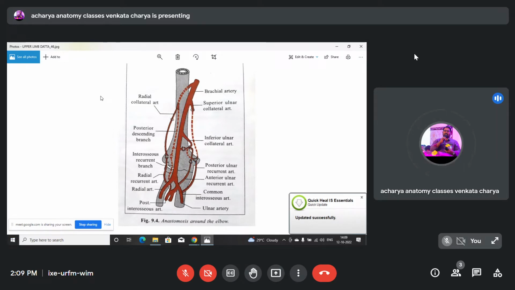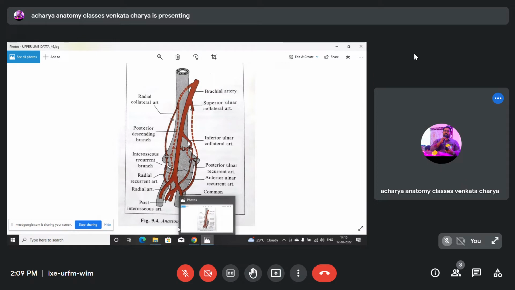Anastomosis with the anterior ulnar recurrent artery. So it is a branch of ulnar artery. It is a fourth anastomotic point.